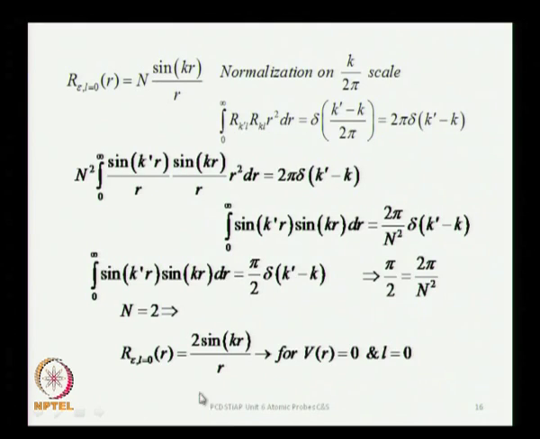The normalization constant N must be equal to 2. So the radial function, this is the normalized function, normalized according to the Dirac delta normalization over the k over 2 pi scale. So this radial function is twice sine kr over r. This is for the free particle, V of r equal to 0. This is the S wave solution for L equal to 0.